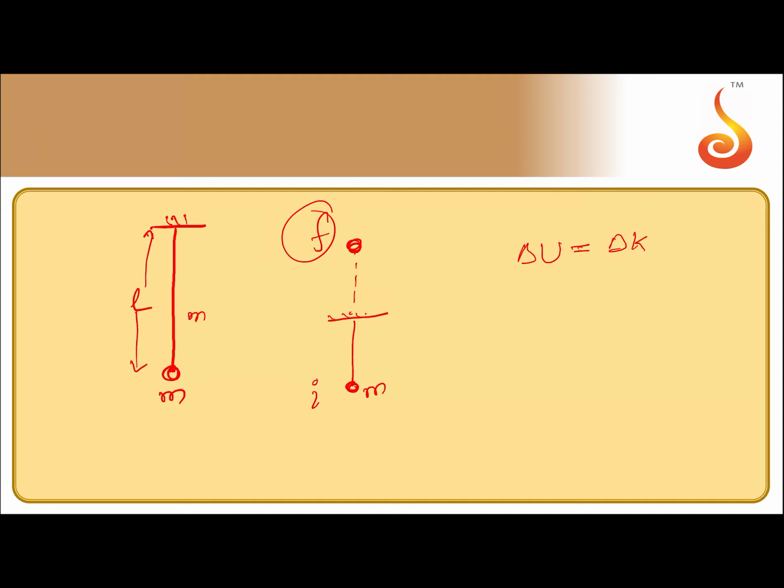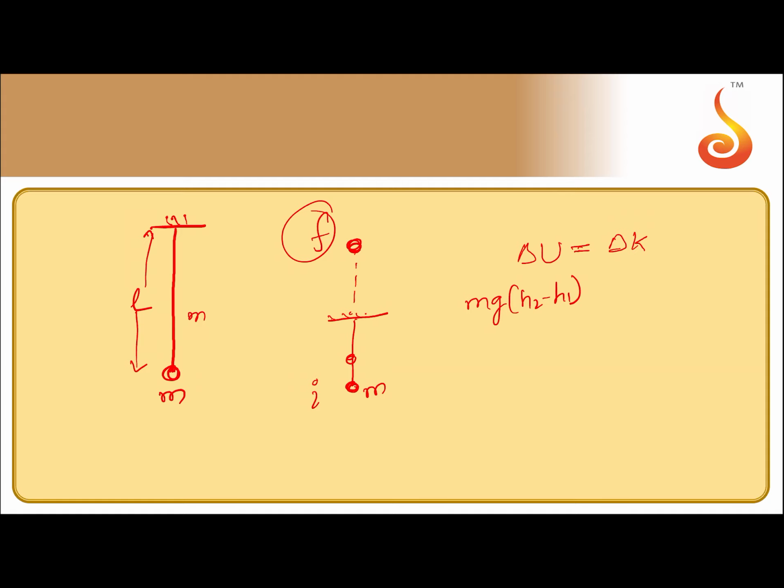The initial position minus final position. Suppose I take the initial position, where will the final center of mass be located? We can find it out. I can write mg (h2 minus h1).